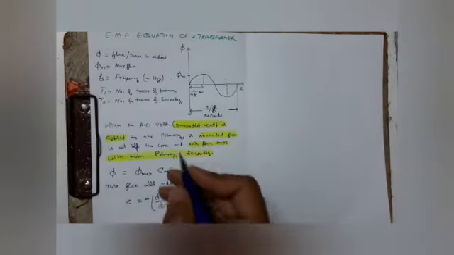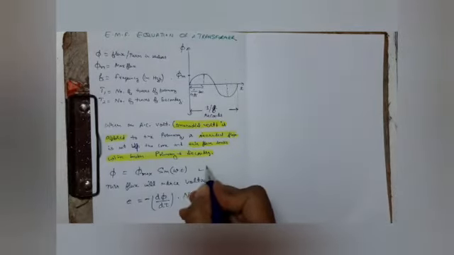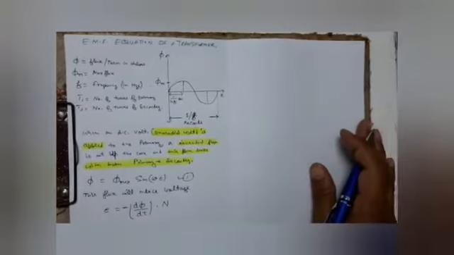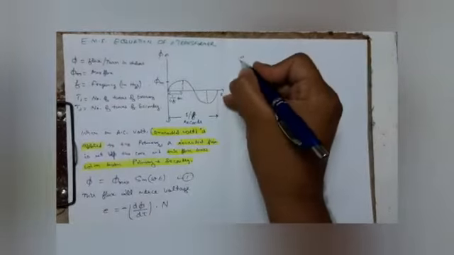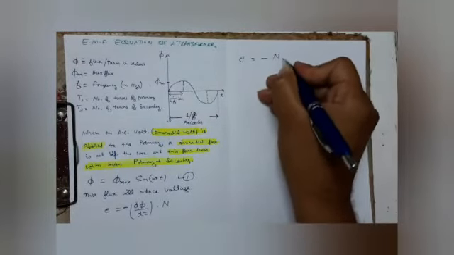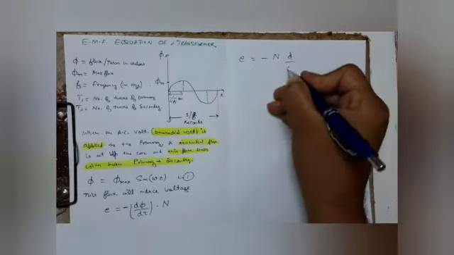Now we will substitute the value of equation 1 in place of this phi, so E will be equal to minus n d by dt of phi.